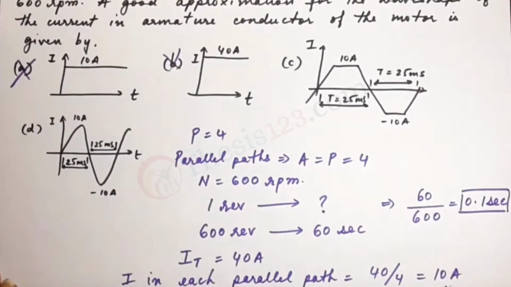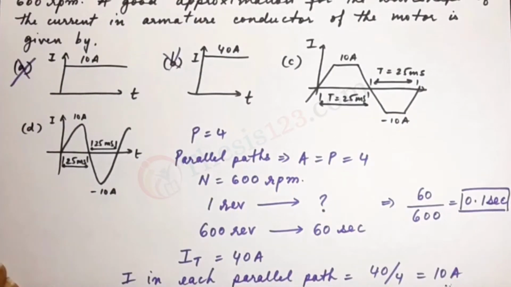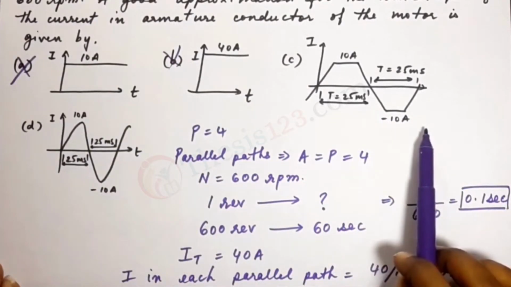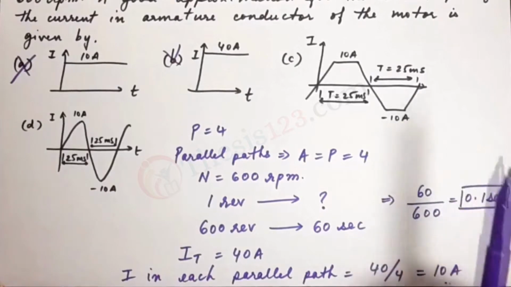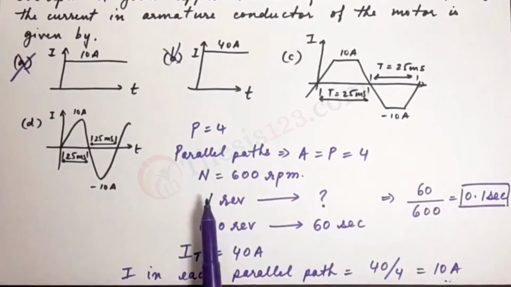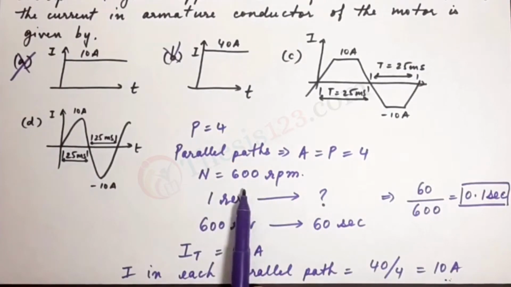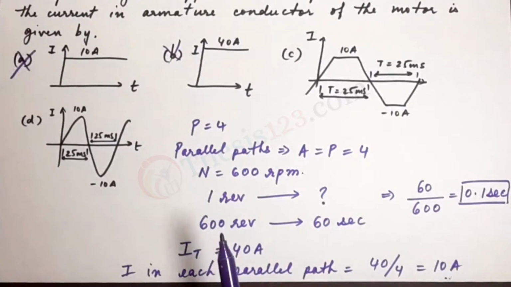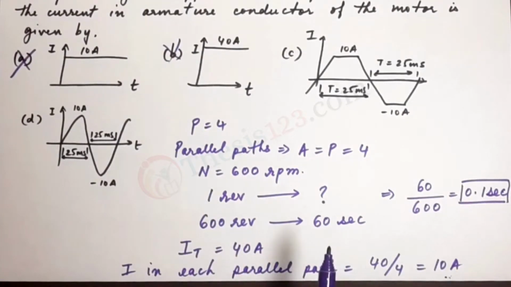Okay, the next is to find out the time period. You'll notice that in each of the waveforms, the x-axis denotes the time. So to find out the time period, we can use one of 2 methods. One method is to use the speed that is given to us and find out the time period through that. Or we can find out by calculating the pole pitch.